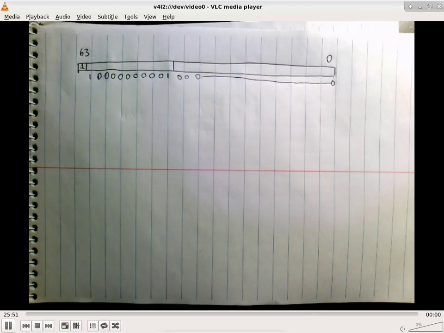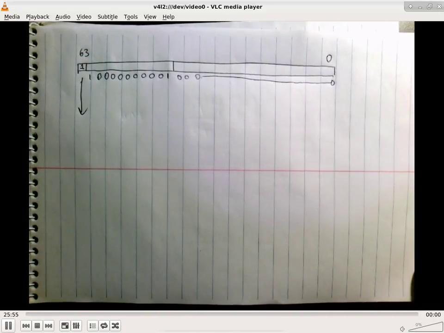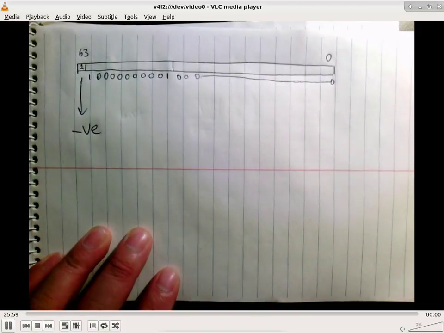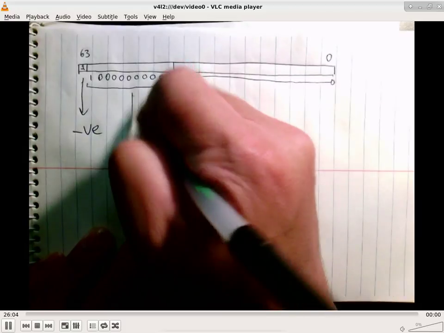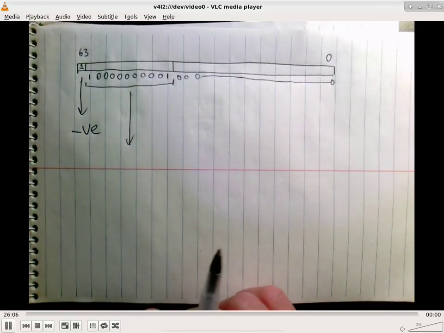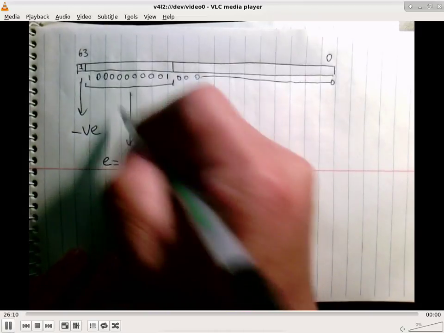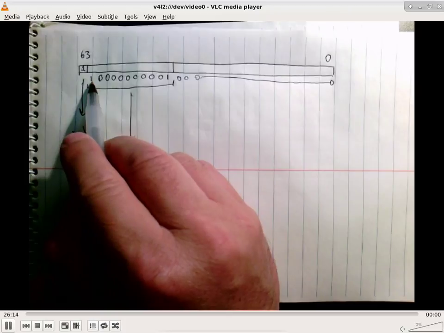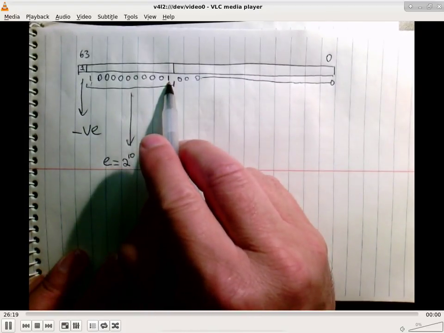So the first thing we do is to take the sign bit out and go like, oh, the sign bit is a 1, so that means the whole number is negative. That's the easiest part. Then we take the exponent part. This is the offset exponent, but let's figure out what e is by itself. So e by itself in this case is 2 to the power of 10, which is represented by this one here, plus 2 to the power of 1, which is represented by this one over here.